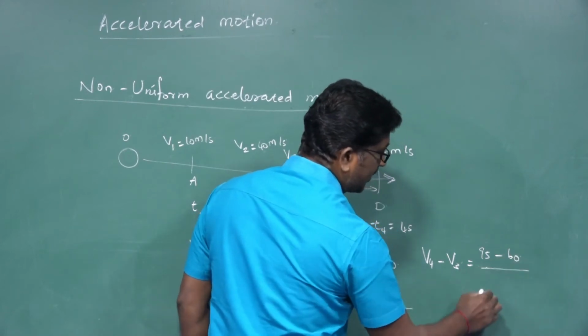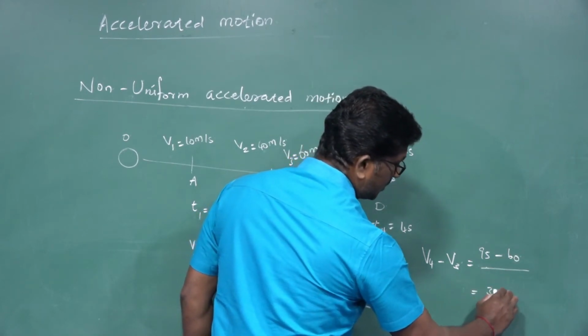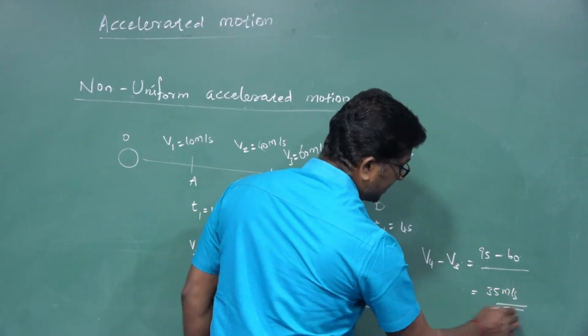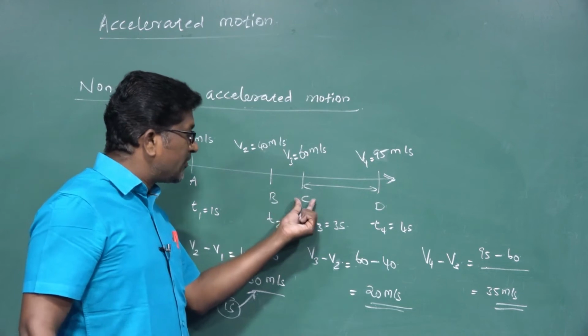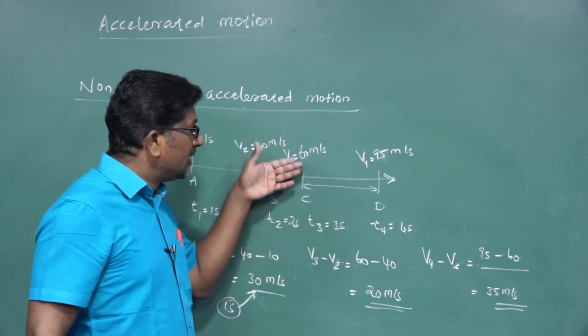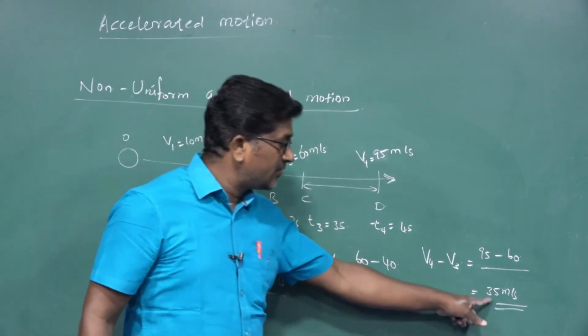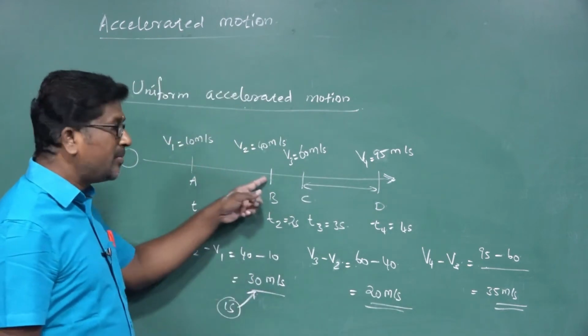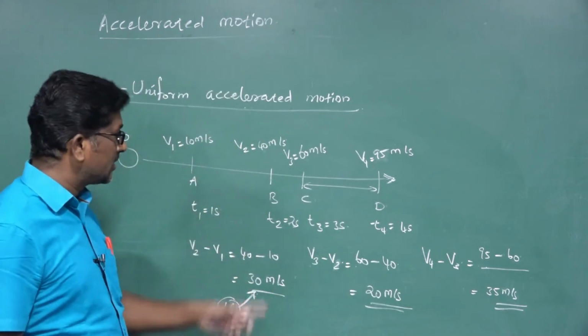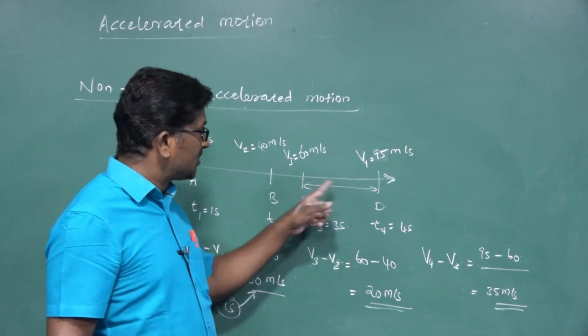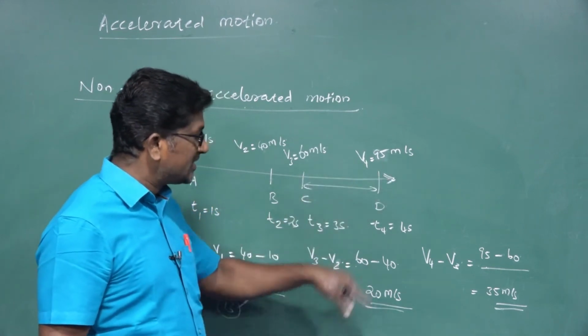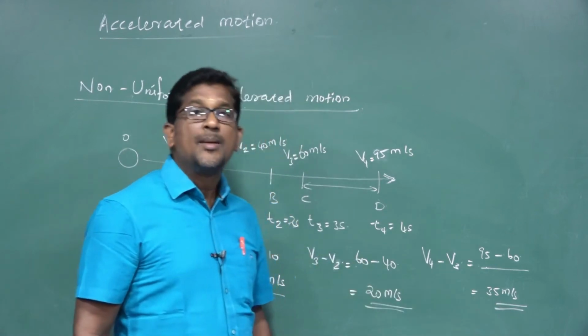So 95 minus 60 is 35 meter per second. From C to D, the change in velocity of the same particle becomes 35 meter per second.